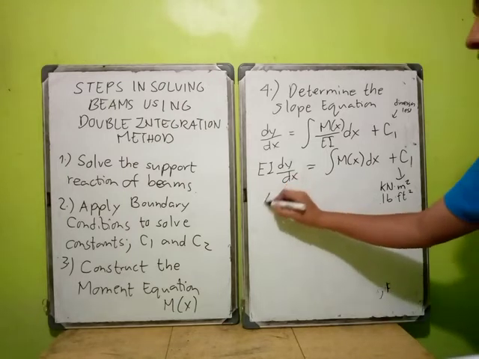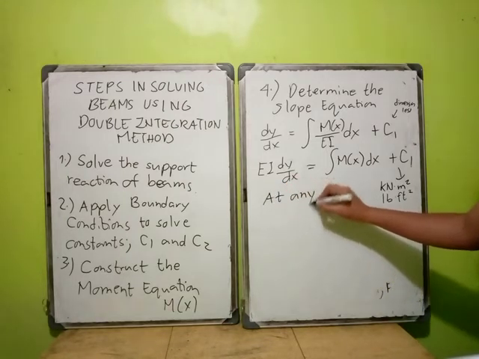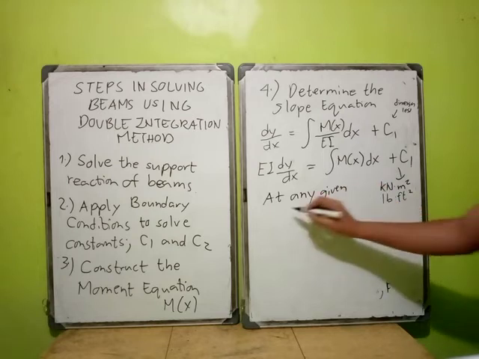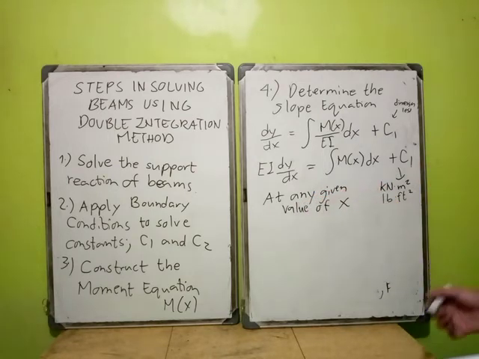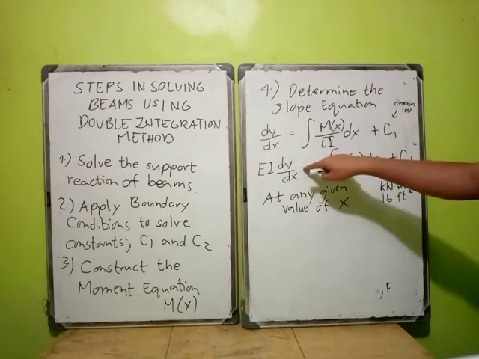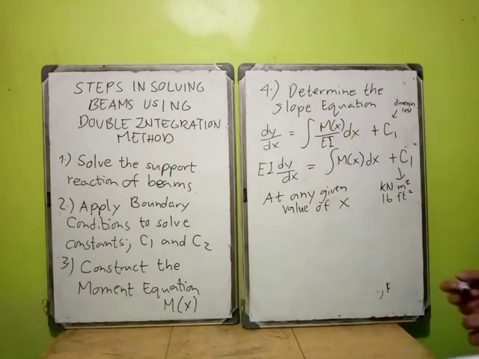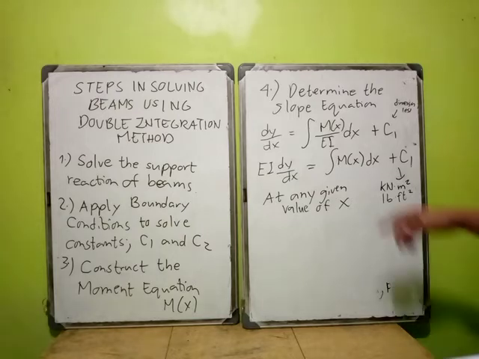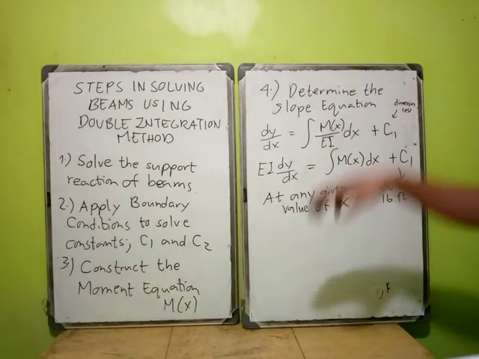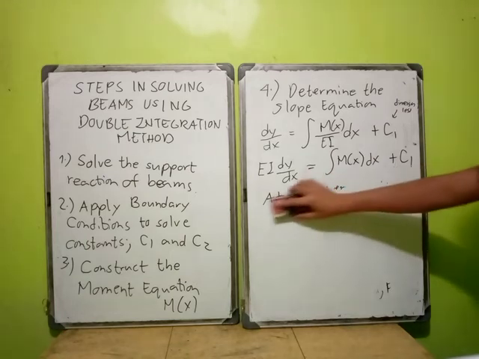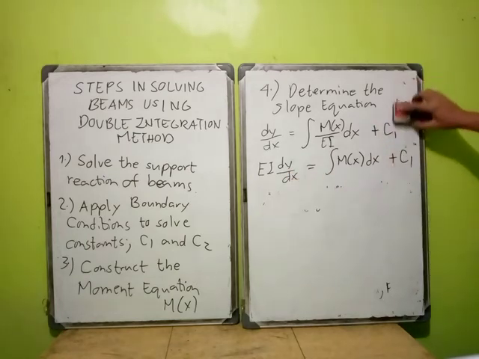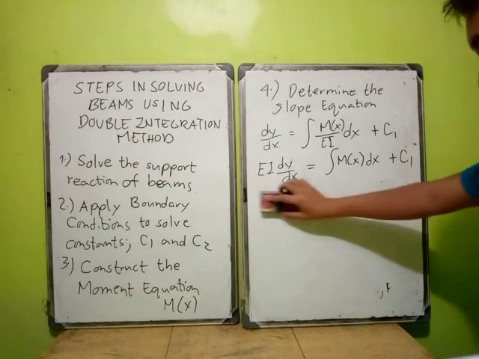At any given value of x, whether you are using this or this formula, you will get the same value for the slope and also for the deflection. So, whether you use this or this, it is acceptable.